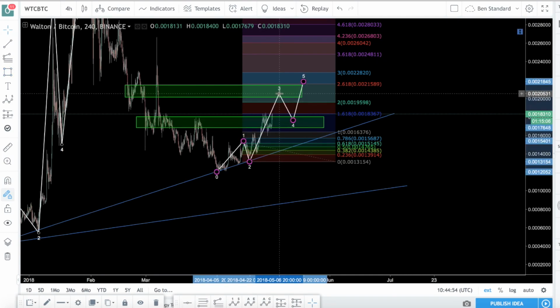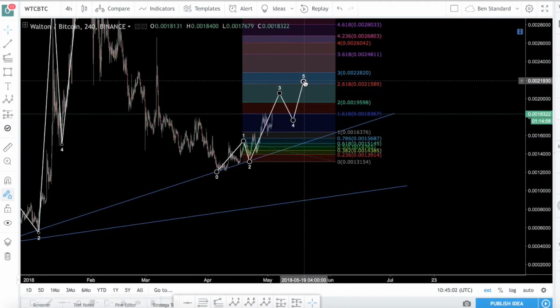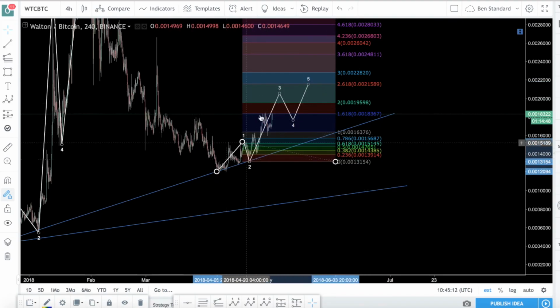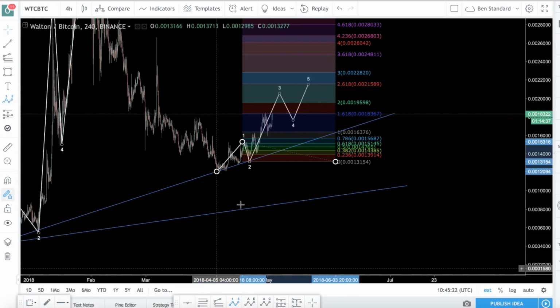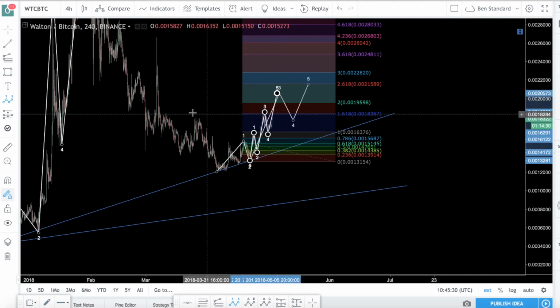So the third wave will probably land here, and the fifth wave will probably end around here, where we can find some resistance as well. So everything here is according to the Elliott Wave Theory right now. And if we draw the subwaves for this third wave, it will look something like this. So it's 1, 2, 3, 4, and then 5.